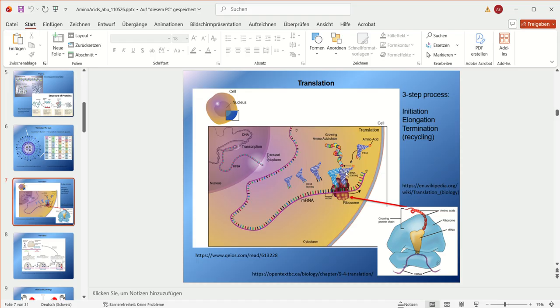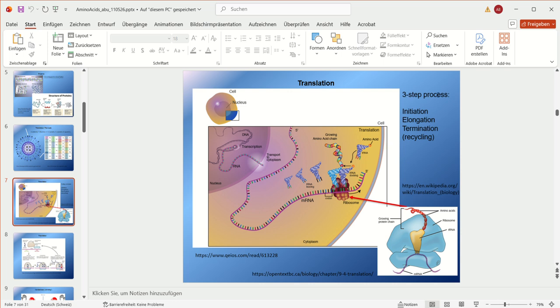So the amino acids are just swimming around in the body, and these tRNA are specialized on one specific amino acid and capture it and go to the ribosomes, and if they're needed, they just look for their combination. Actually, they have the reversed combination here on the foot, and then if they find their combination, they bond and hand in their amino acid to the chain, and the chain gets longer.